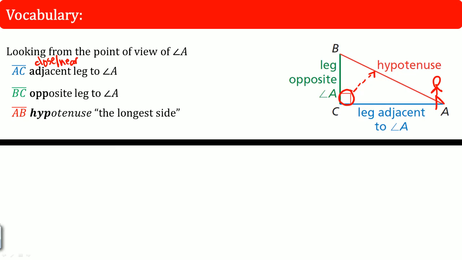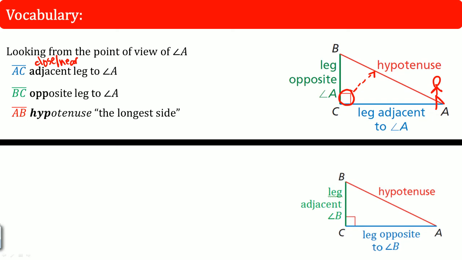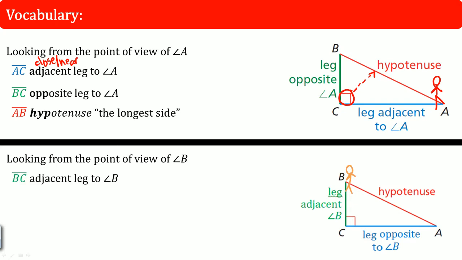Let's do it differently now, and let's look at it from the point of view of angle B. Here you see that we will draw our person here on angle B so we can understand a couple things. The adjacent leg here is going to be BC because it's the closest one.